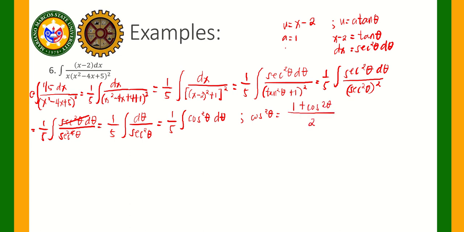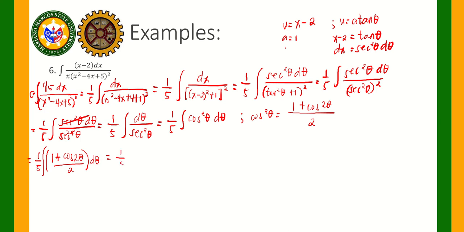So, we can substitute this trigonometric identity. Okay. So, we will have 1 over 5 times the integral, pala, the integral of 1 plus cosine 2 theta over 2 d theta.